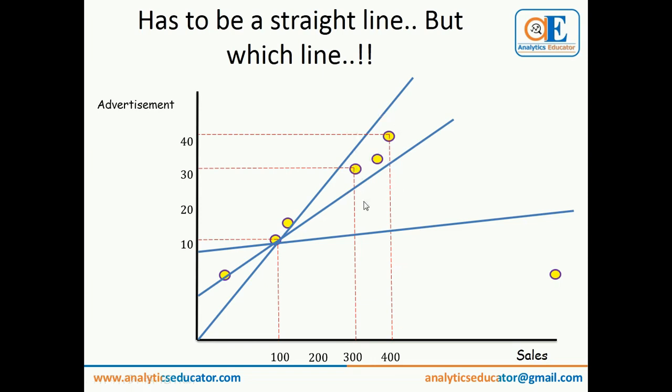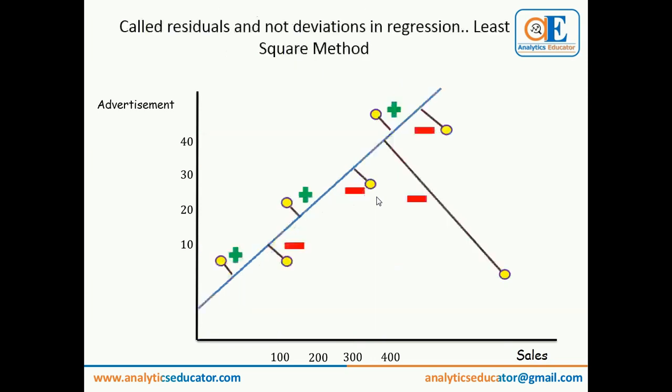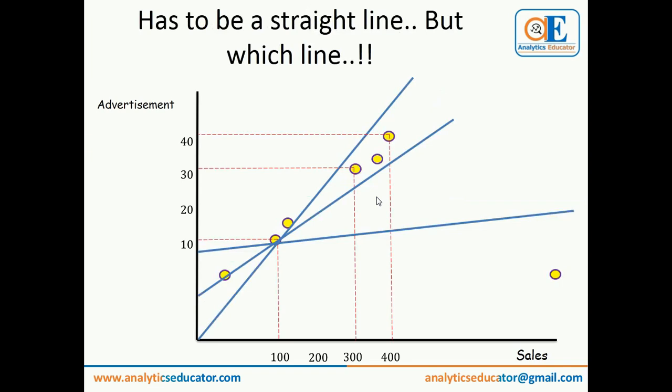So there is a calculation, and all these calculations that I'm going to show you will be done at the back end by Python. You're not going to do anything about it. Automatically it will be done by the algorithm. But just to understand what it does, for all the possible lines that could have been drawn through this plane, I will do this calculation.